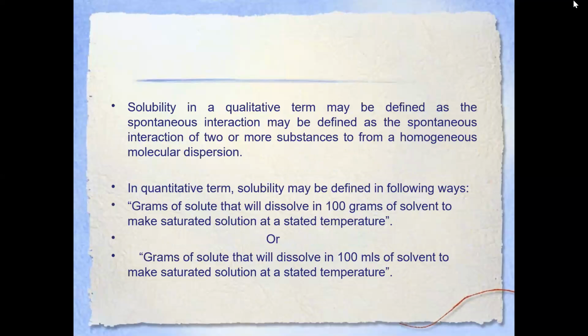We have discussed earlier about qualitative and quantitative. In quantitative terms, the exact definition is grams of solute that will dissolve in 100 grams of solvent to make a saturated solution at a particular temperature, or grams of solute that will dissolve in 100 ml of solvent to make a saturated solution at a particular temperature.